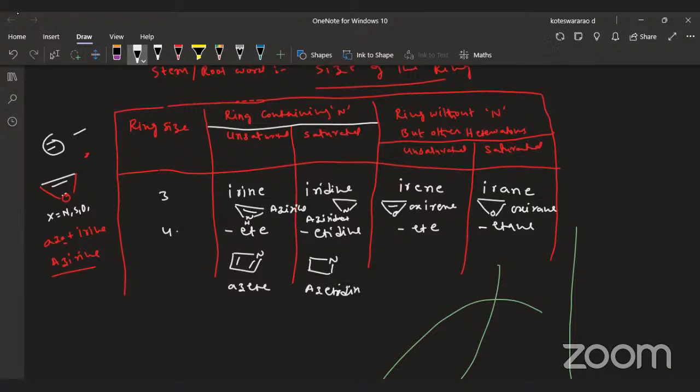If it is oxygen heterocyclic 4-member, unsaturated, now it is oxete. If it is fully saturated, oxetane. It is named as oxetane. Right.